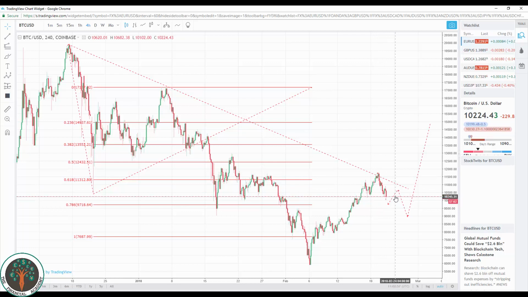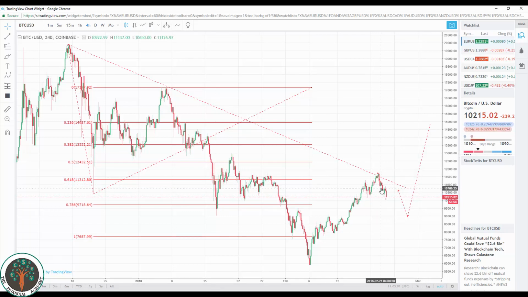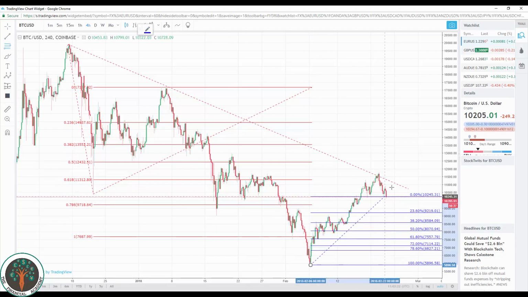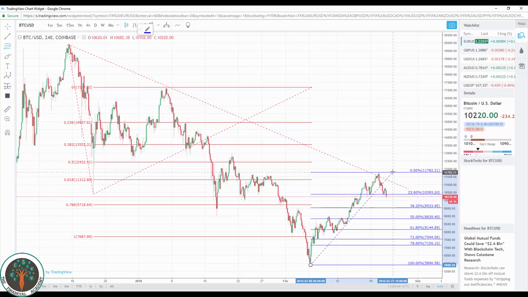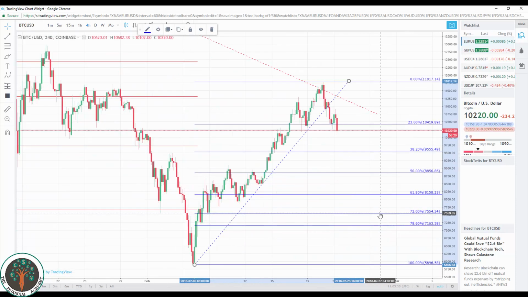Now let's make an assessment based on the structure. What is the target that we can expect this chart to drop down to, and when we can expect this downtrend to complete its structure? So looking at the entire uptrend movement, we can divide that to scales, probability or Fibonacci scale, as you'd like to call it.